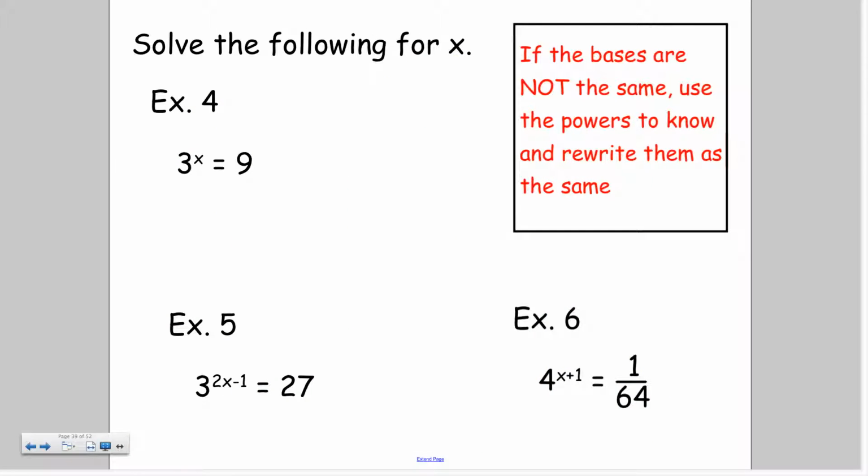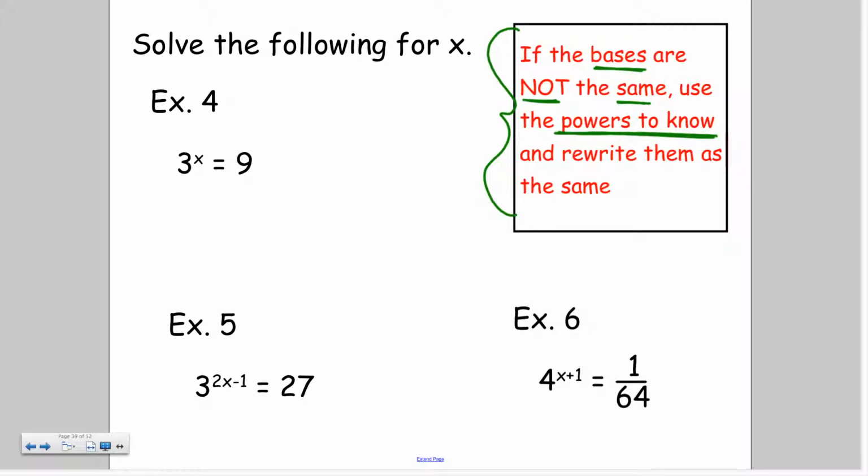All right. So solve the following for x. All right. Now, if we look at these, this little box gives us our hint. If the bases are not the same, use the powers to know. Okay. So if they're not the same, that box that you just filled out, you're going to use that.